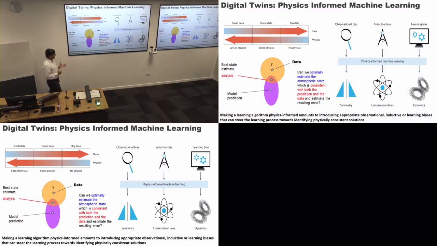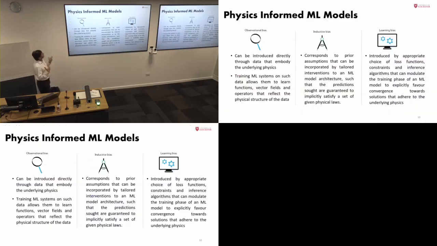Now, how can we do that? Here we could do it at three different levels. Either we have to do it at the observational level, or we could do it through inductive biasing, or we could have a learning bias. And when we say physics-informed models, obviously the models need to operate at different levels. So for example, observational biases.